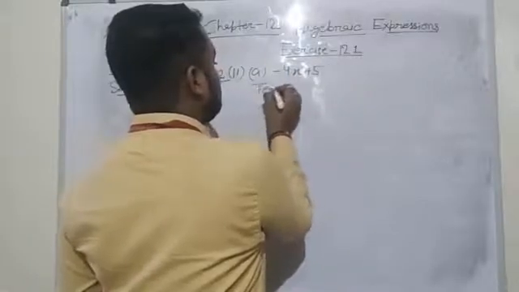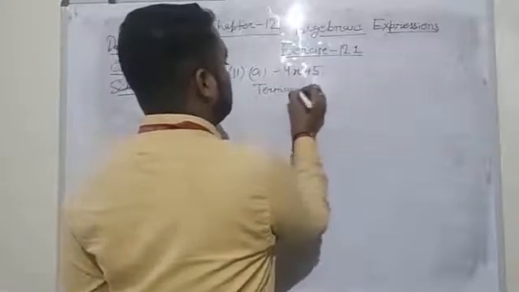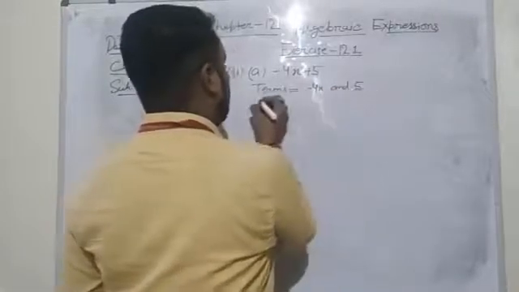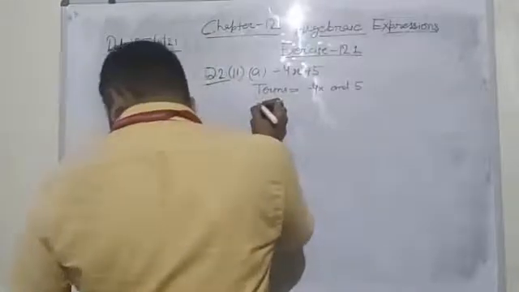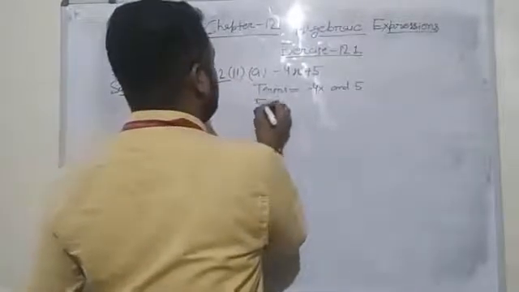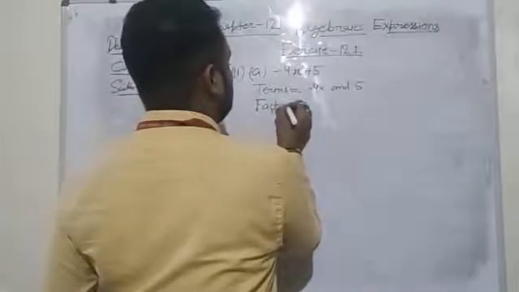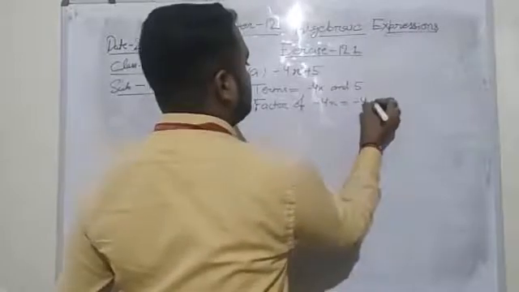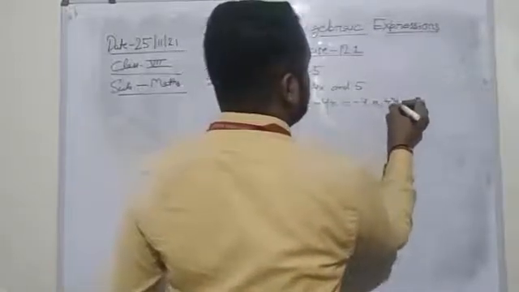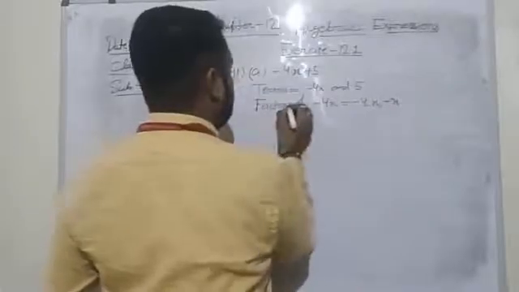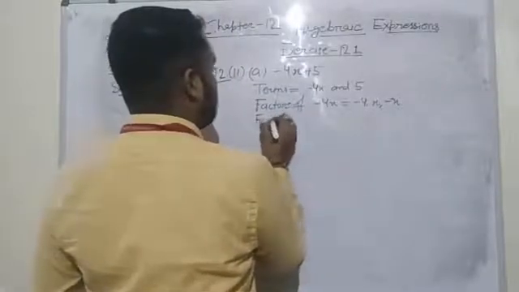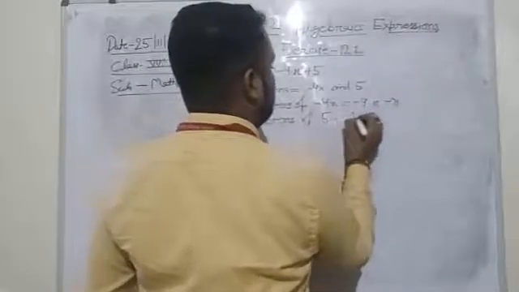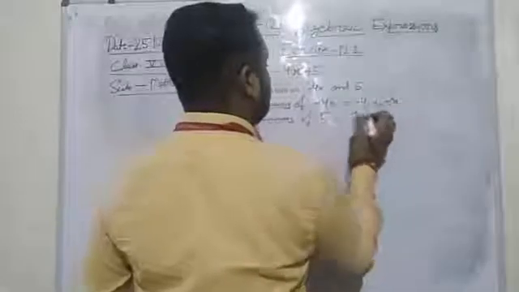Now the terms are minus 4x and 5, and the factors of minus 4x are minus 4 and x, and the factors of 5 are 1 and 5.